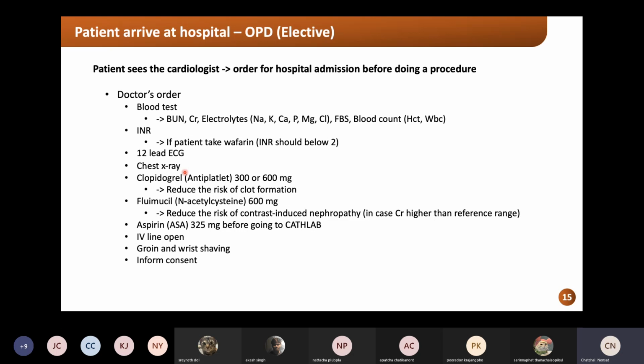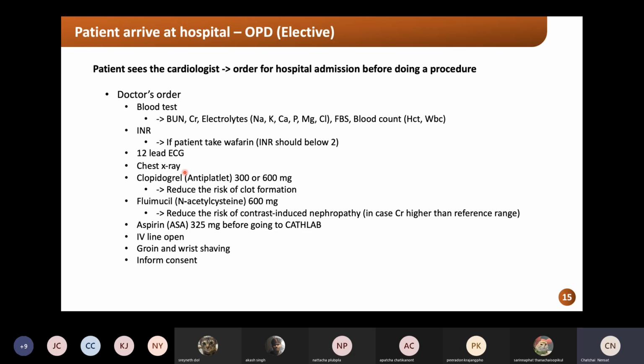When the interventional cardiologist needs to give a drug to the patient, they can directly give it to the IV line that is already opened, reducing the time consumed in that room.